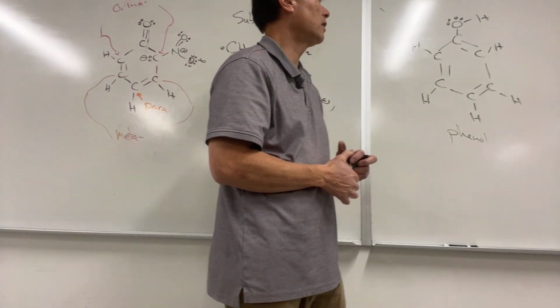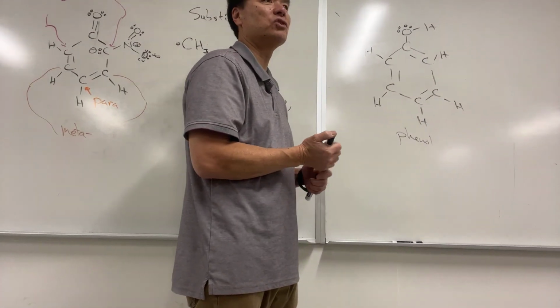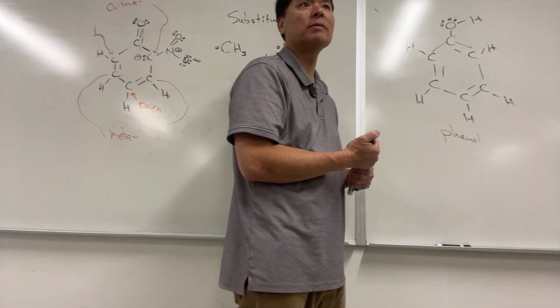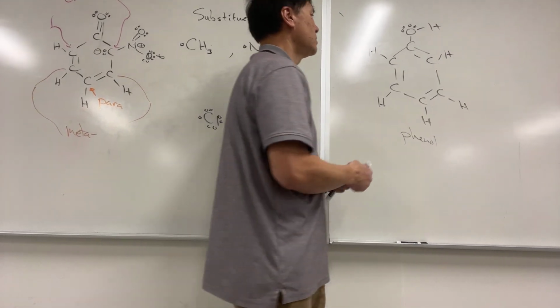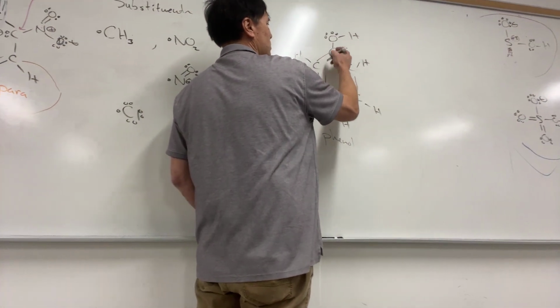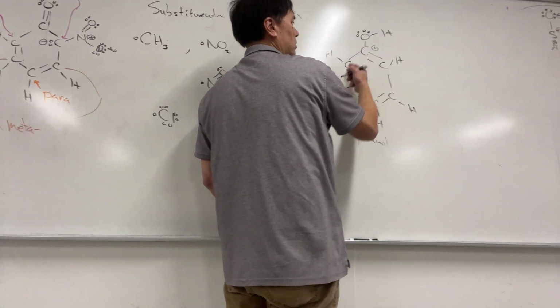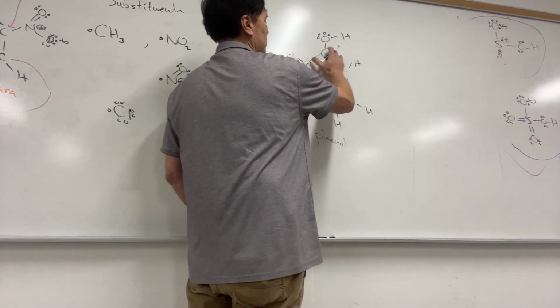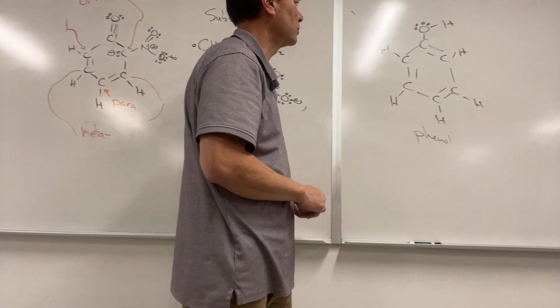Phenol is acidic, and that's primarily due to resonance delocalization of its conjugate base. There's going to be some slight inductive effect, because this is a positive formal charge. Or actually, that's not a positive formal charge. This is zero formal charge.